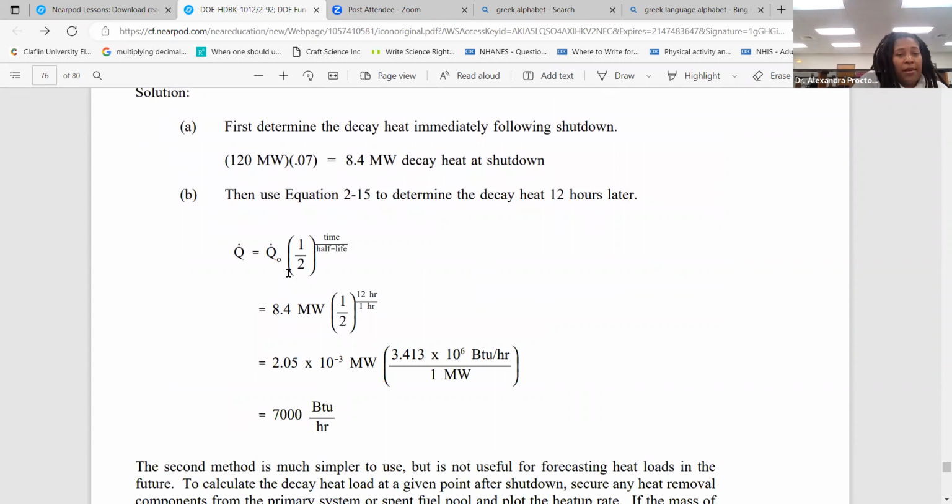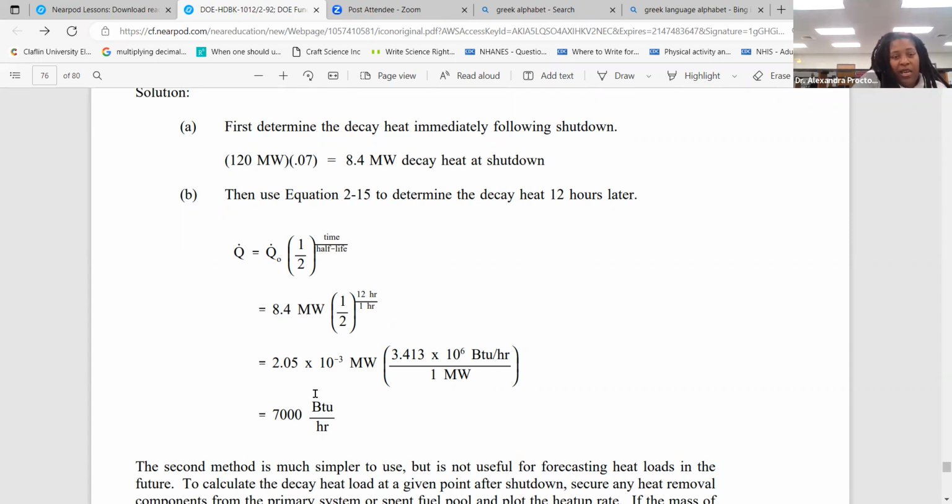So Q is equal to Q0 times 1/2 raised to the time over half-life. And then they substitute in. So for Q0, they have 8.4, which you calculated up here, times 1/2 raised to the 12 hours divided by 1 hour.